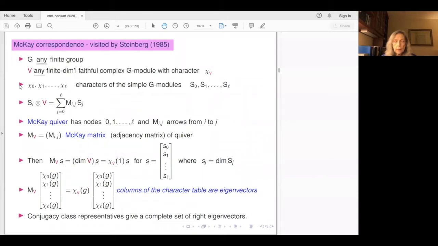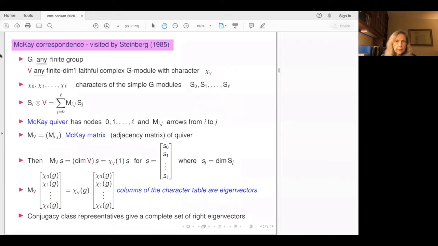And I think what's interesting about this is that the eigenvectors do not depend on the V. They're the same for tensoring with any module V. What depends on V is the eigenvalue.